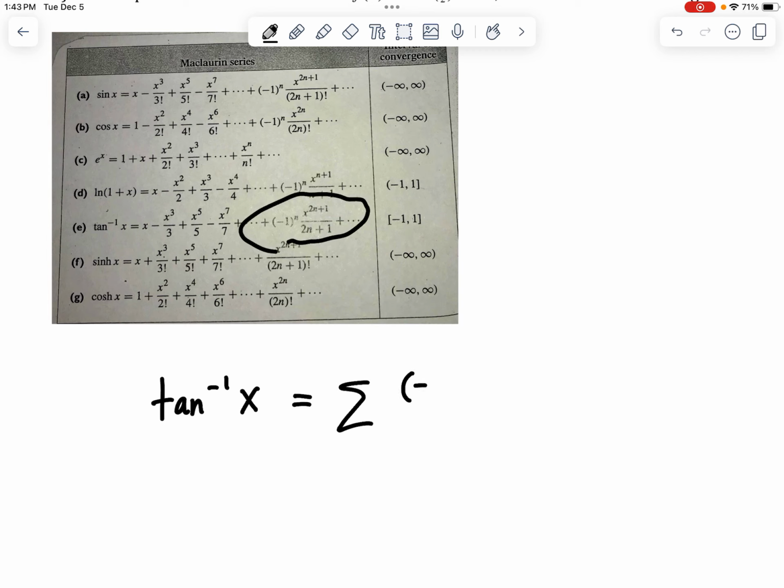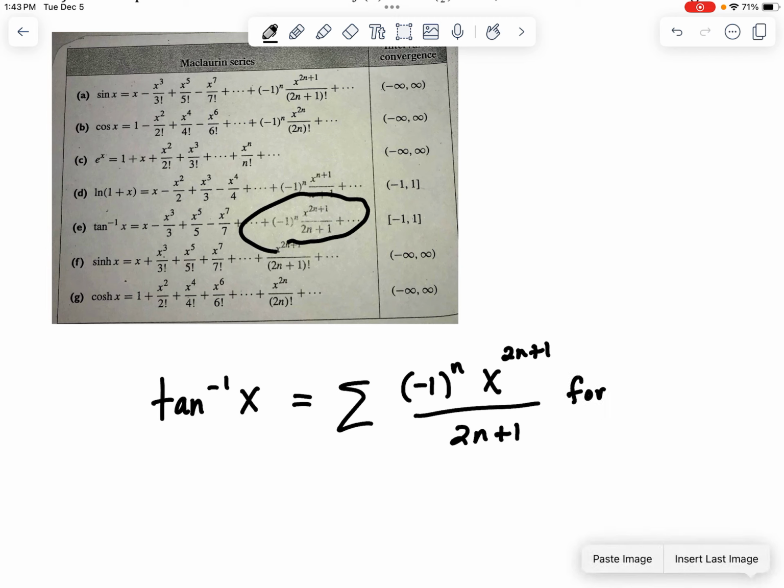So it's got negative 1 to the n, and then x is raised to odd numbers, so that's 2n plus 1, divided by 2n plus 1. And that works for x being between negative 1 and positive 1 inclusive. Okay, so start with that one.